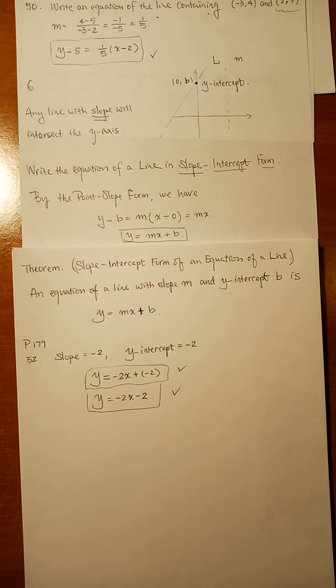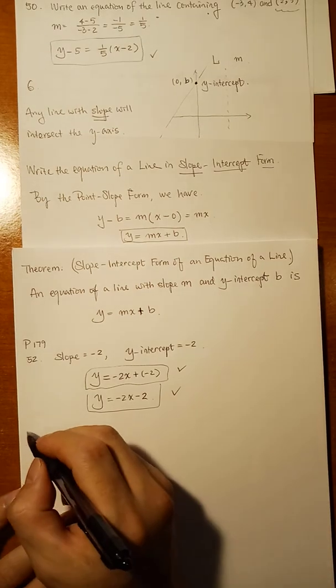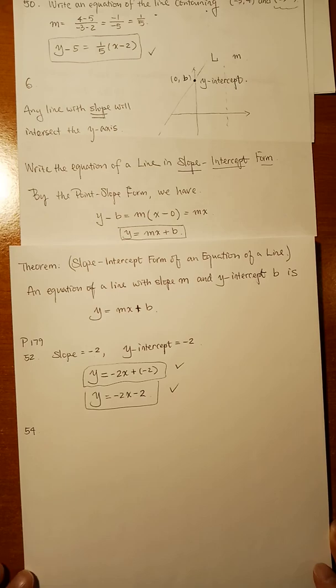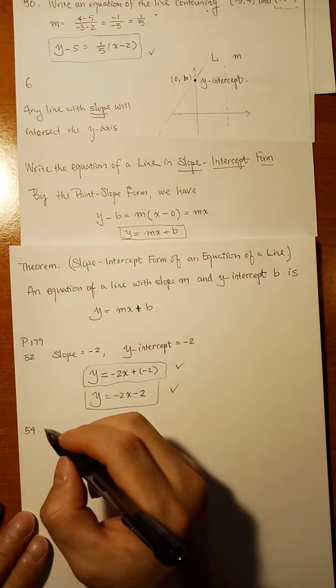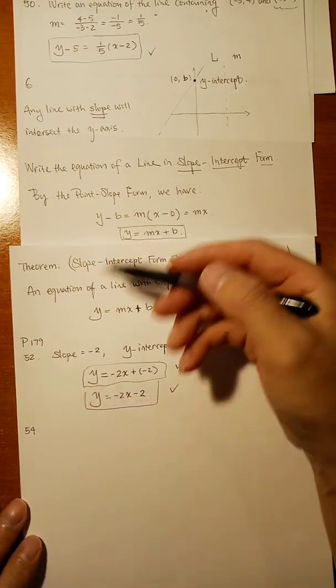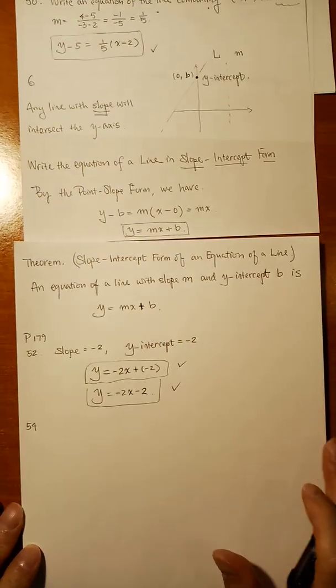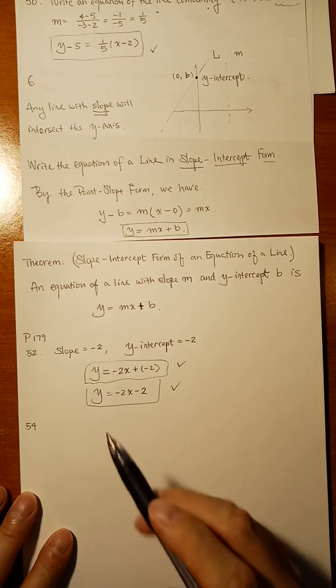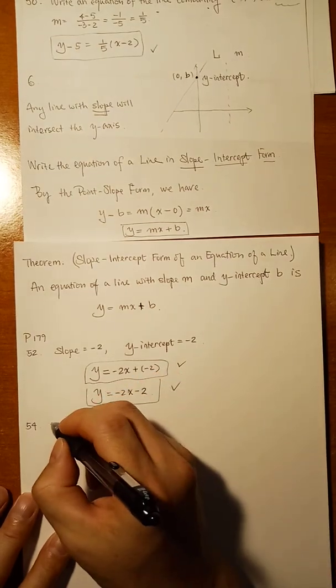Okay, so let's see the other one. 54. 54 is a little bit strange. In that part of the problem, we always try to write down the equation of a line with the given condition. The condition is the following.